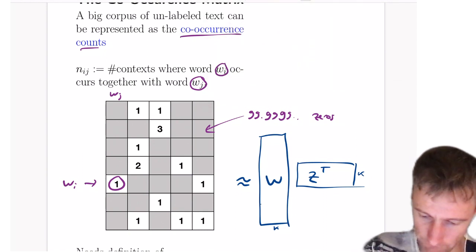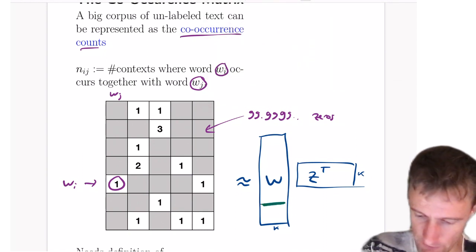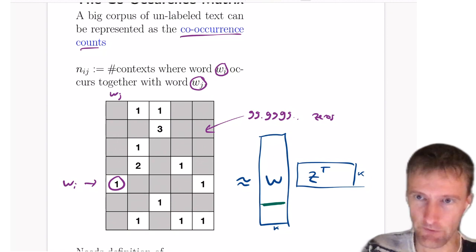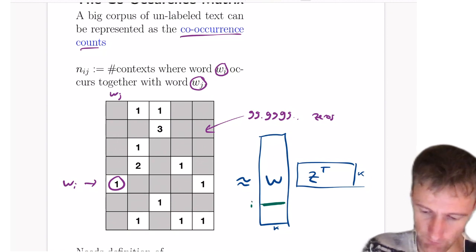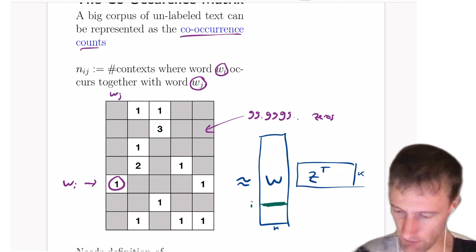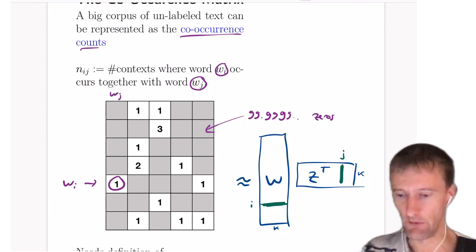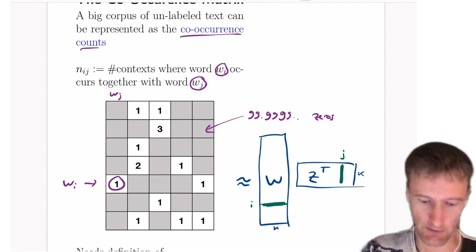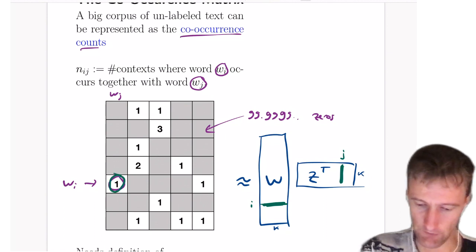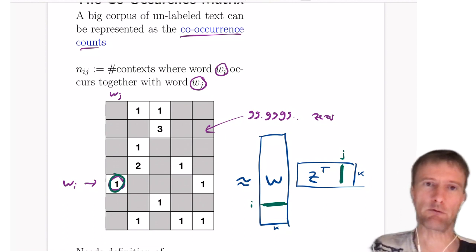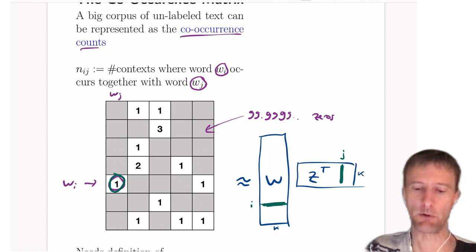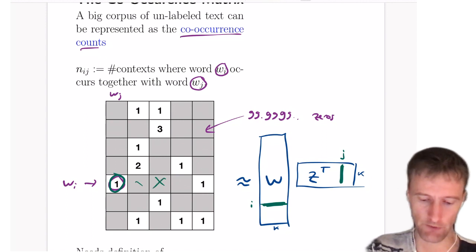The point of this is that if I take now the representation of my word I, so that's the I-th row of the W matrix, and multiply it with the J-th row of Z, then what do I get? Then I hopefully get exactly this entry here, which is the count of how many times word I and word J appear together. And the other entries here, I just don't care.